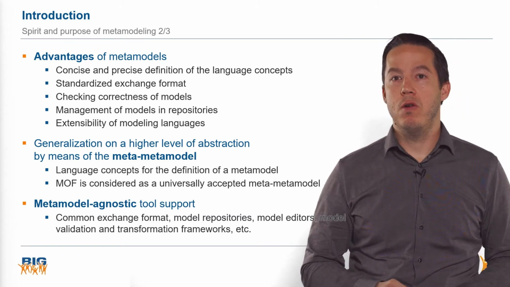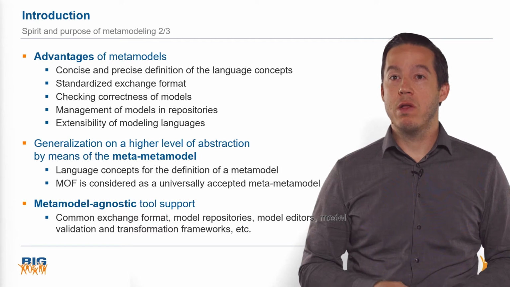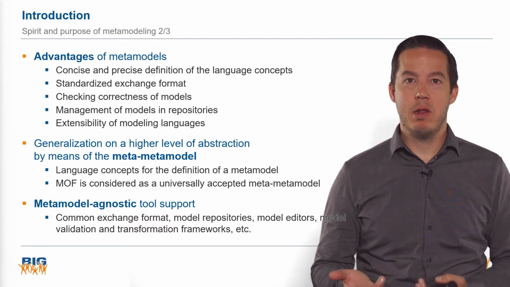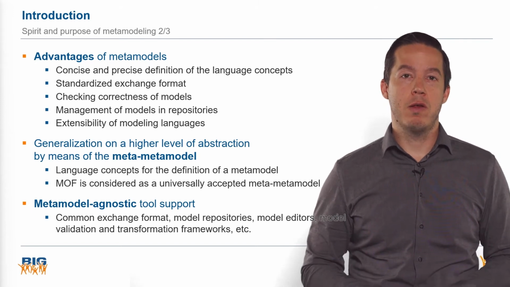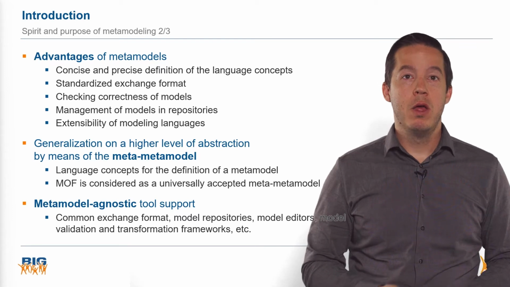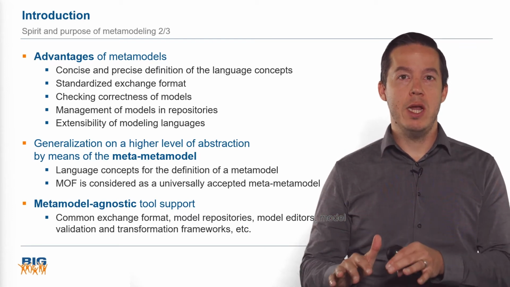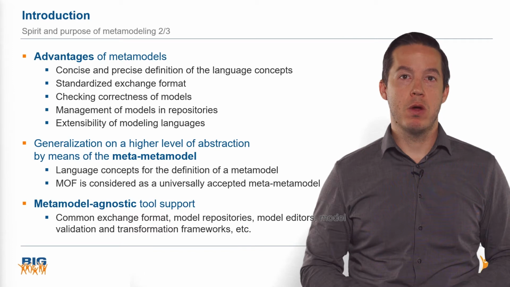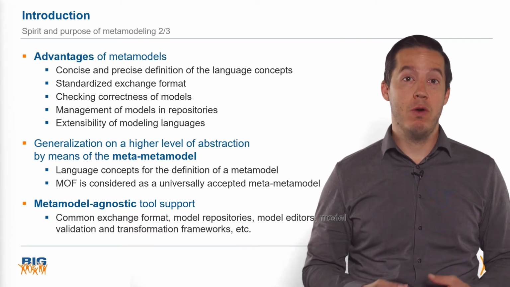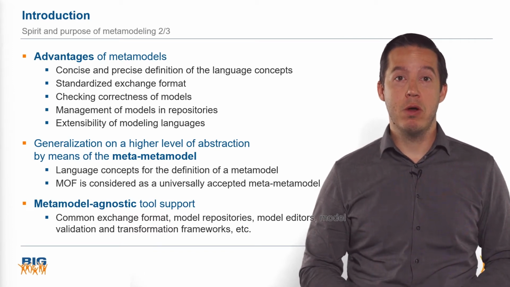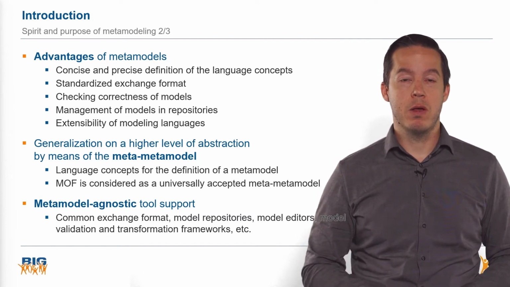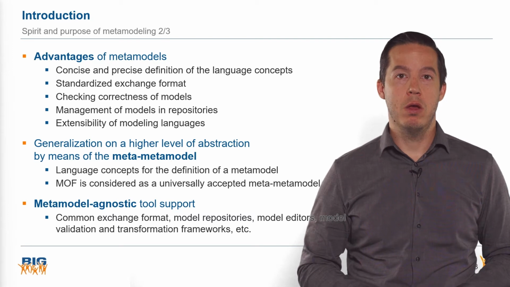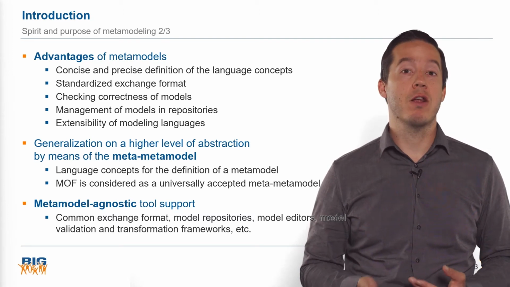It enables us also the management of models in repositories, because the meta model is like an XML schema, to relate to the XML that we had earlier in the slides. Once you know the XML schema, you know which data formats are expected from the concrete XML documents, and therefore, of course, you can prepare repositories or databases to cope with this schema and with this complexity and structure, or with data that is structured like this.